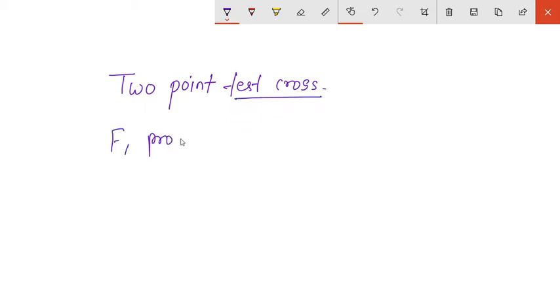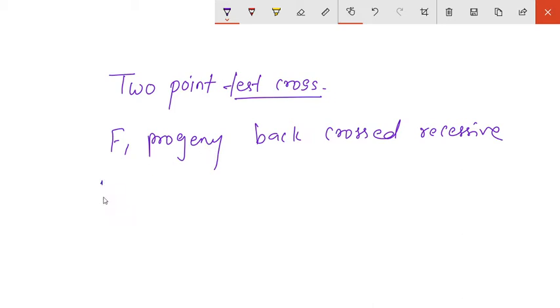Okay. So here we are going to discuss the example 2-point test cross. Okay. So test cross means we know that when the F1 progeny is back crossed with the recessive parent, then it is known as the test cross.